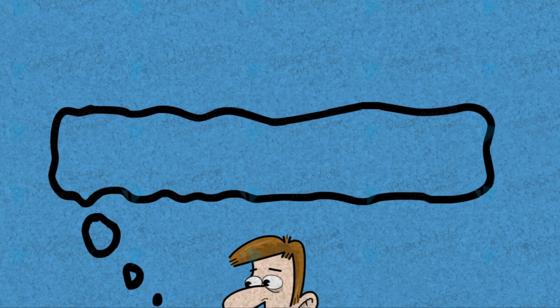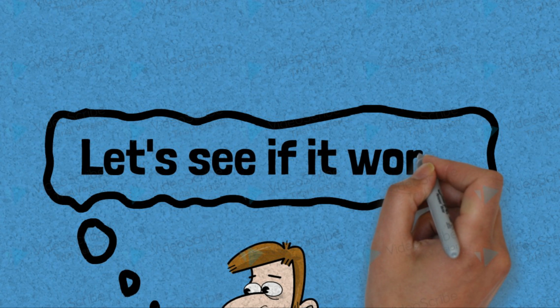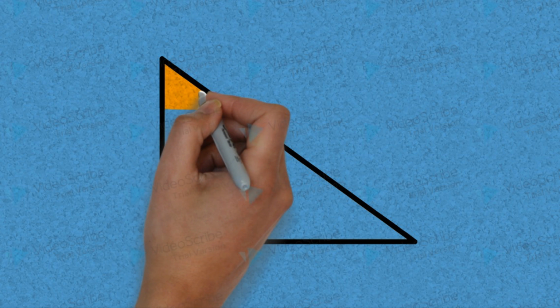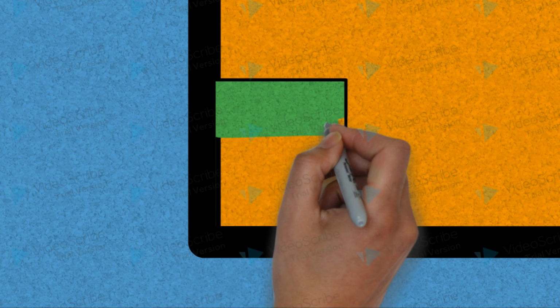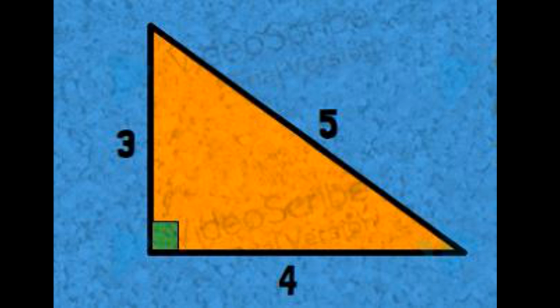Now how about we try it and see if it works. Let's have this example. You are given this triangle and it has a 90-degree angle in it. Therefore, this triangle is a right triangle. The measures of the two sides are 3 and 4, while the hypotenuse is 5.